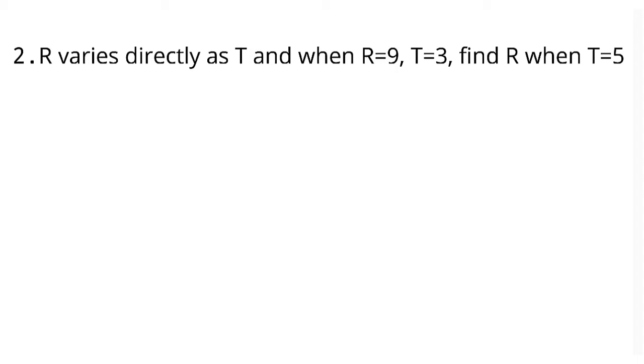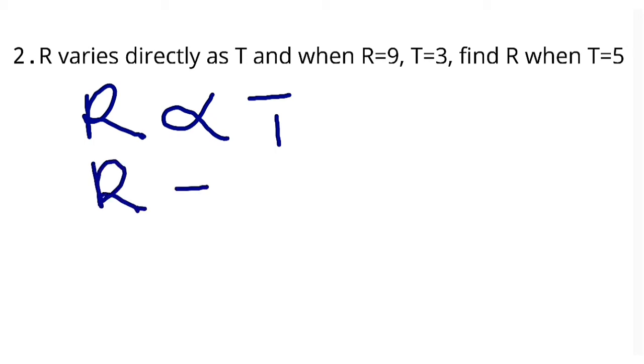Given that r is directly proportional to t, we write it as r varies as t. You introduce the constant of proportionality, which shows how much r is directly related to t. That will give us r equals k multiplied by t.